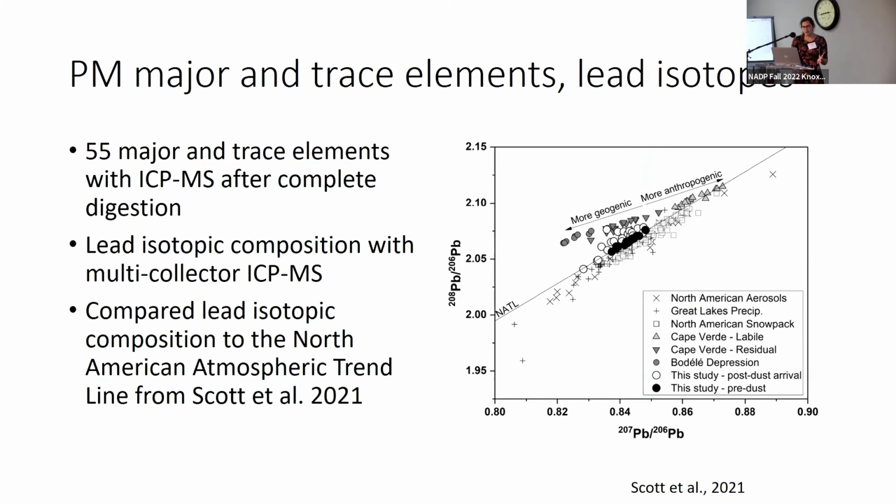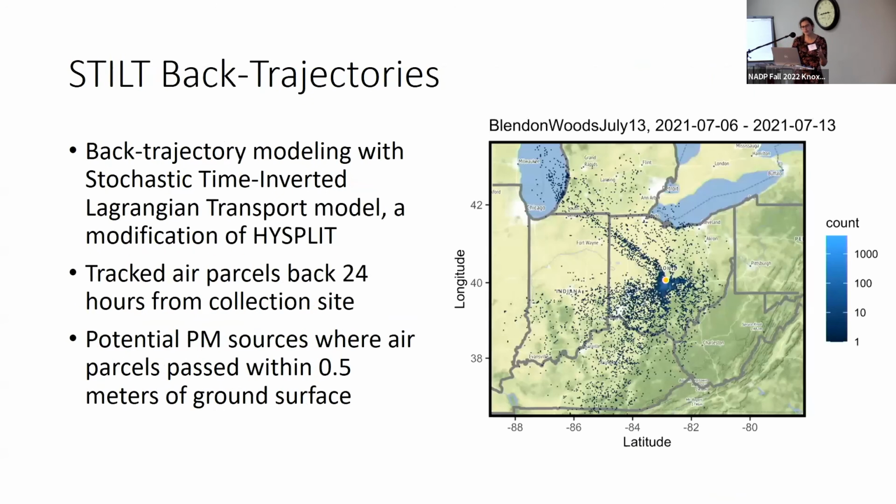The final aspect of the methods that I'm using in this work is back trajectories. I've been using the stochastic time-inverted Lagrangian transport model, or STILT, which is a modification of HYSPLIT that gives a more statistical footprint of where air parcels are coming from rather than individual back trajectories.